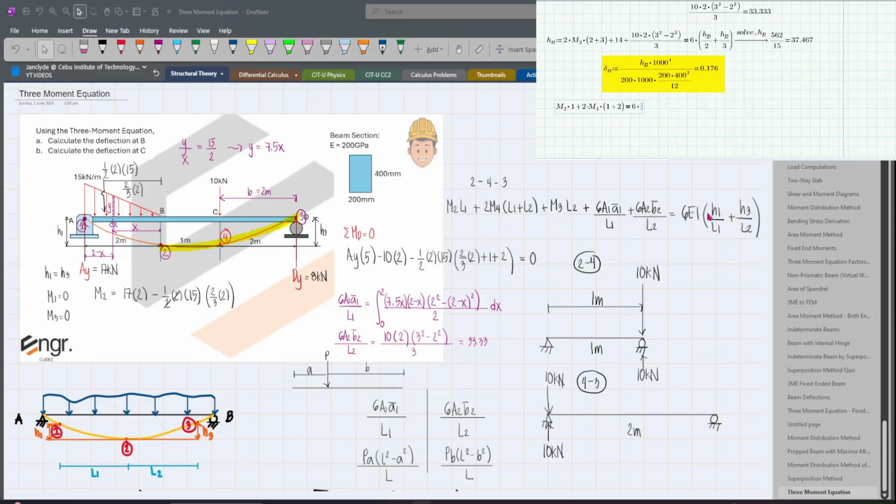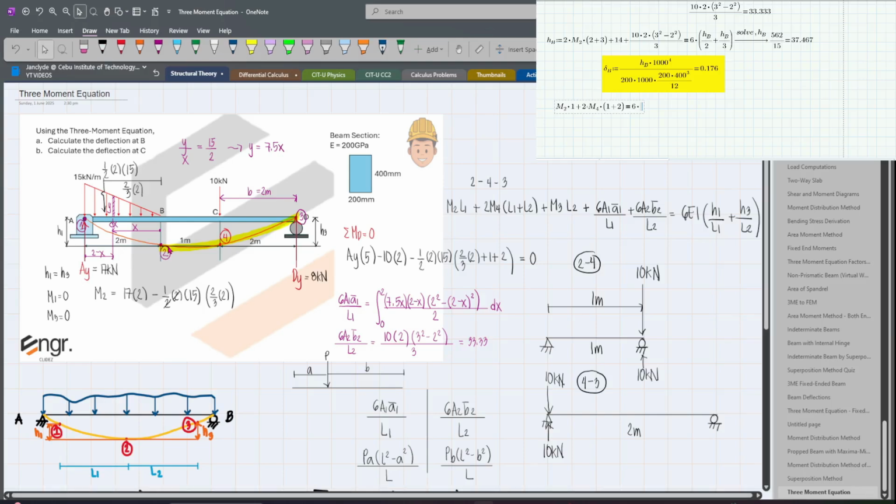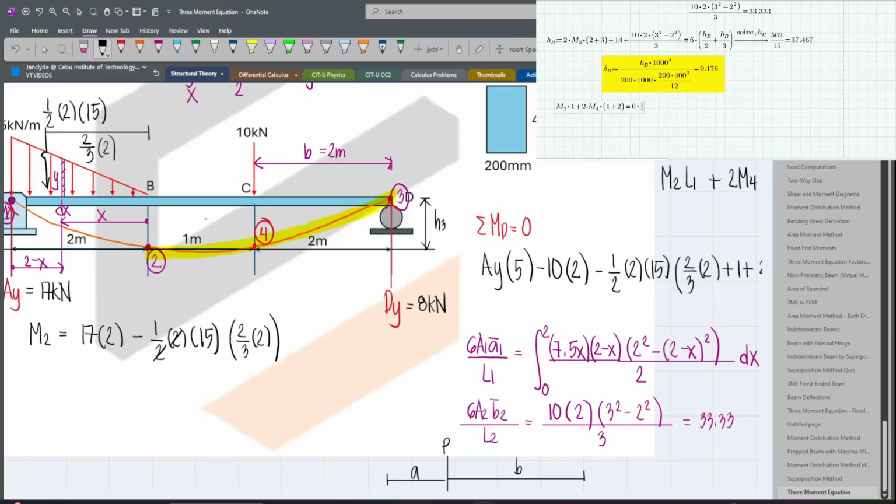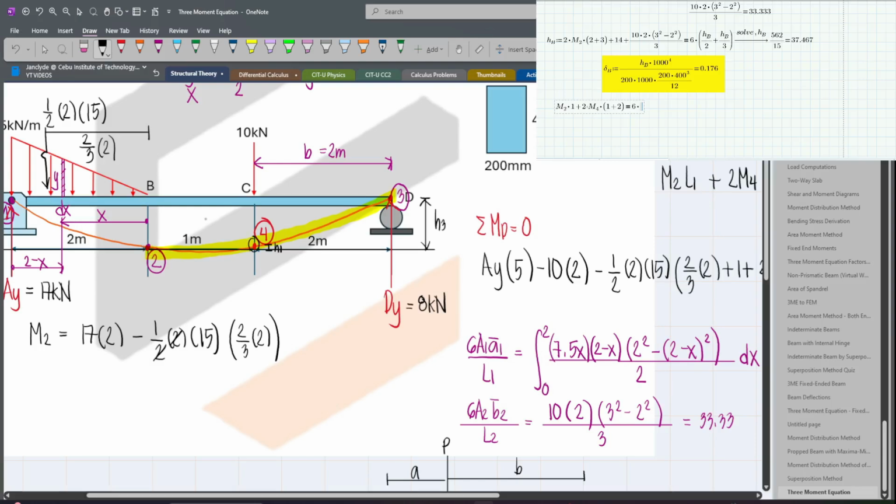Yan yung hindi natin alam. So actually, yung H1 dyan is this value. From point 2 going to point 4, zoom in ko na lang. Ito yung H1. Essentially, vertical distance from point 2 to point 4.